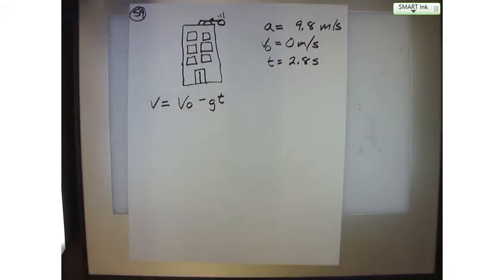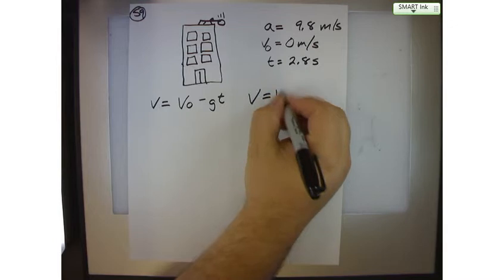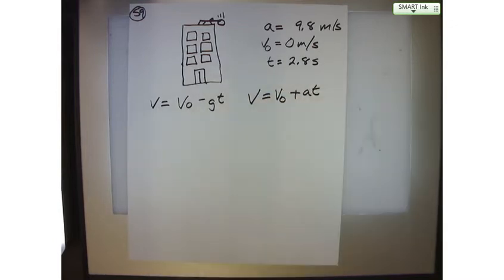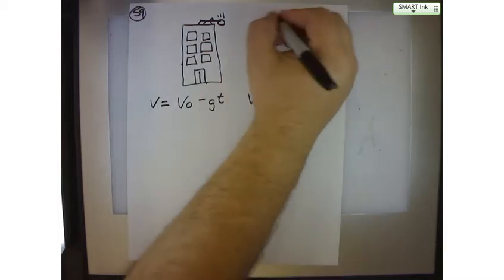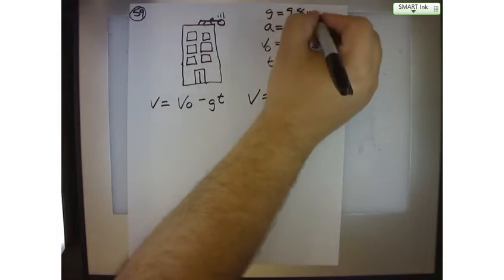Okay? So the original equation that comes from is v equals v naught plus a times t. So this is the thing that I want to explain to you guys. If you follow the book religiously, it says that g is always going to be a positive 9.8 meters per second squared.